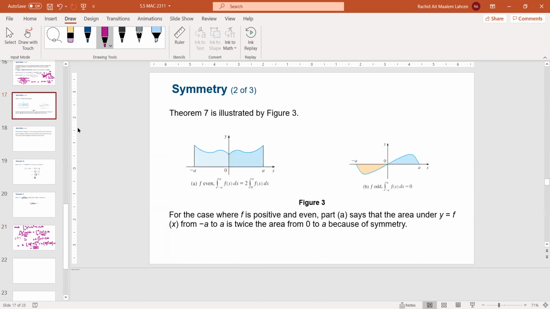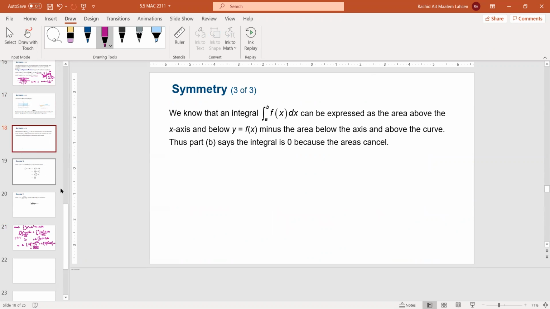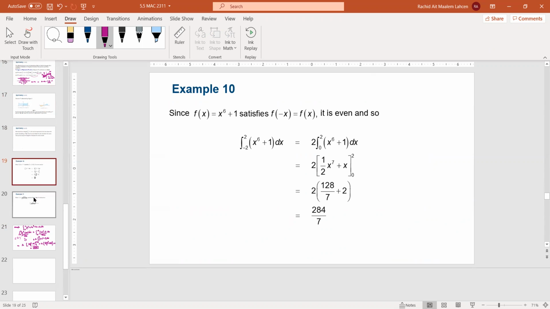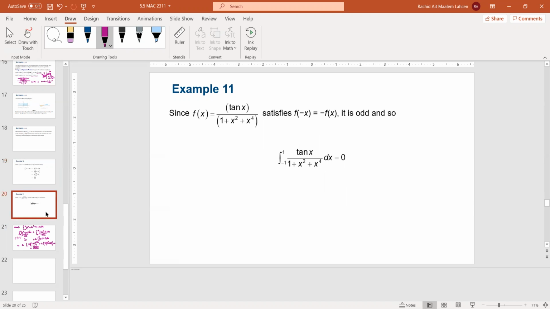And here a little more pictures and illustration for the even and the odd, and how the areas here are alike, so that's a double, and here they're opposites, so they cancel. And these are 2 examples. For example, this one, x to the 6 plus 1, that's an even function. So from negative 2 to 2, we can take a 2 double and calculate.